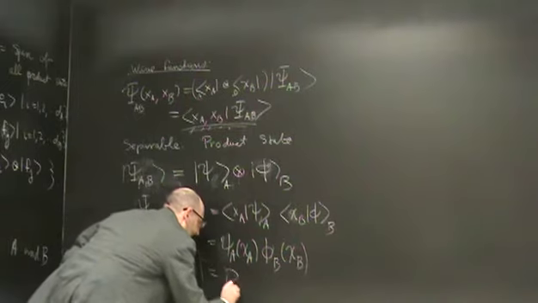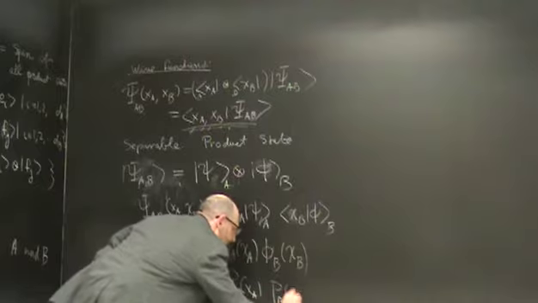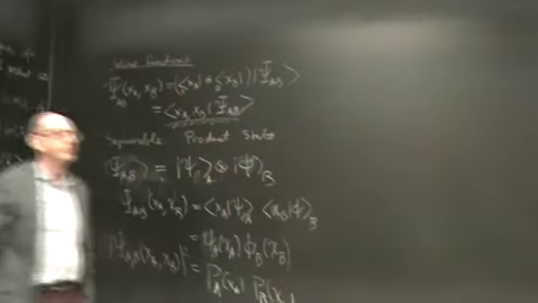I'll call it the probability A, a function of random variables, times probability distribution B, which is the square of each of these.